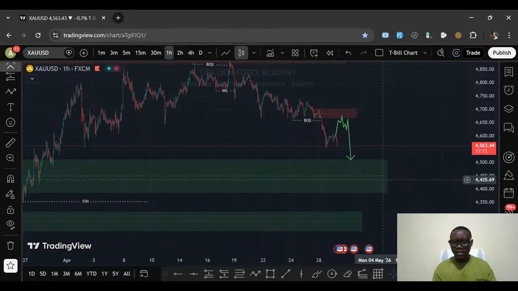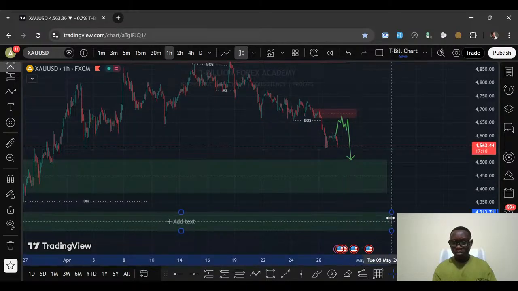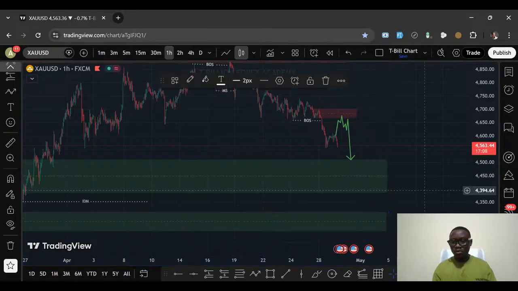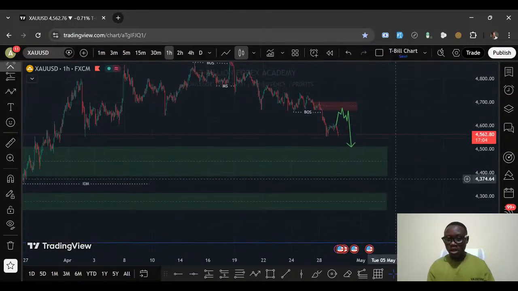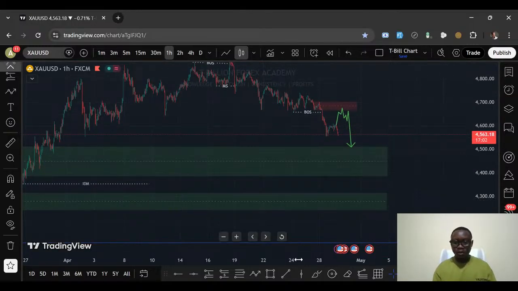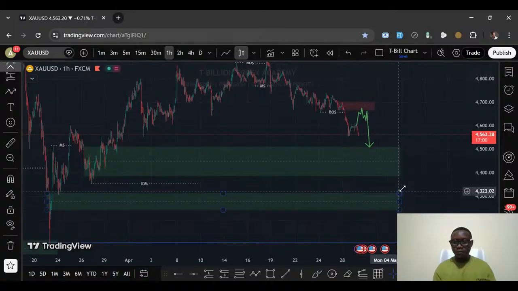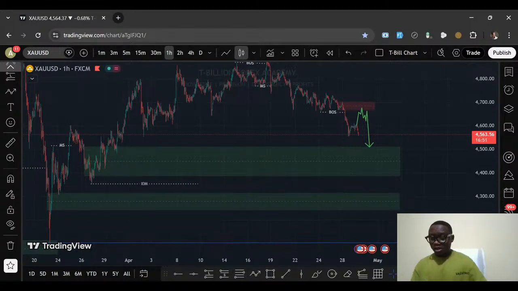Okay, and again, if this fails, we have a high probability bullish reversal zone at this point. Okay, and this is our 4H point of interest. Now, you don't just mark points of interest randomly. It has to meet certain criteria to be a valid POI.